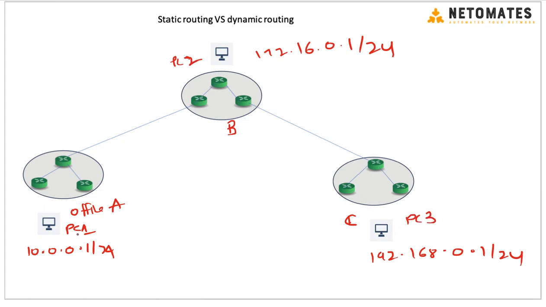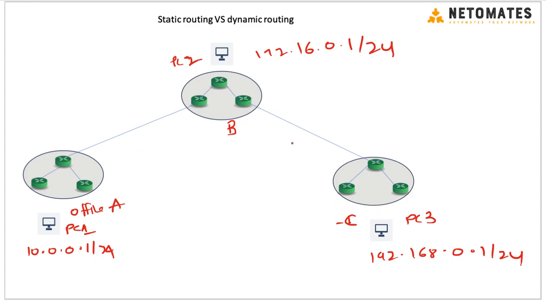If PC1 wants to communicate with PC3, we need static routes on all these routers, because the router sitting in office A does not know anything about the network of office C, the 192.168 network. So we need to tell each router in the path how to forward the packet towards PC3.